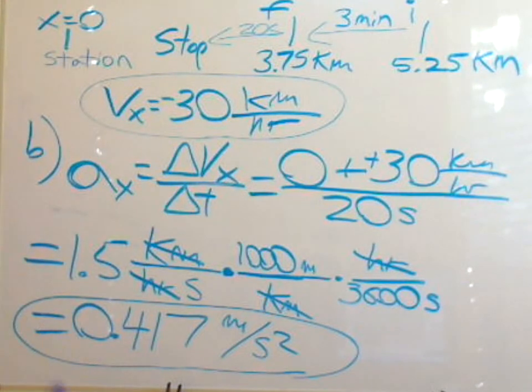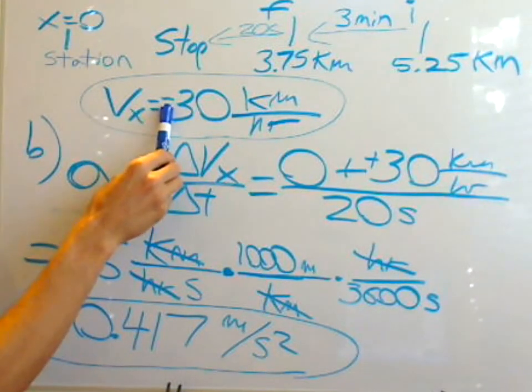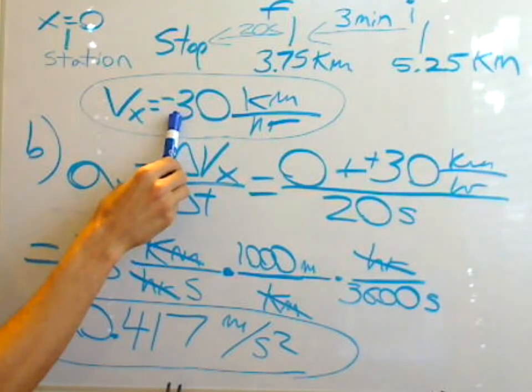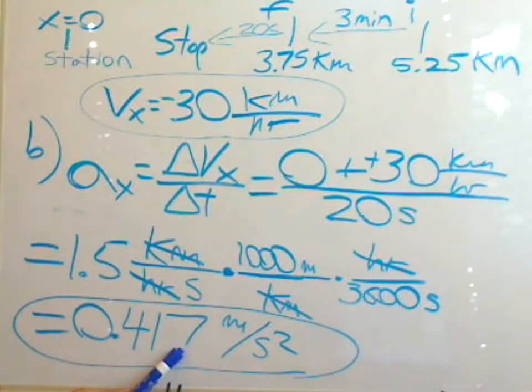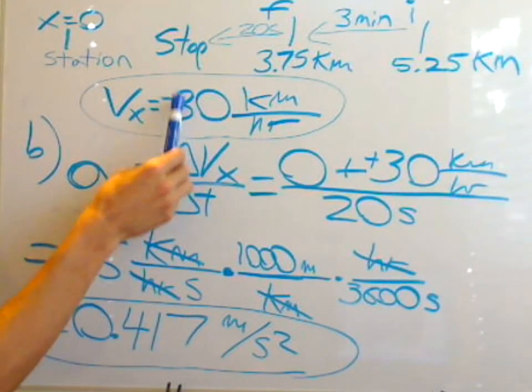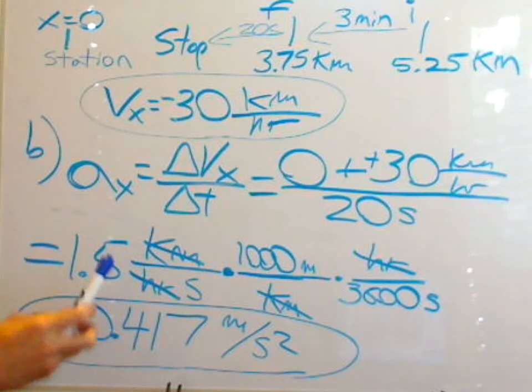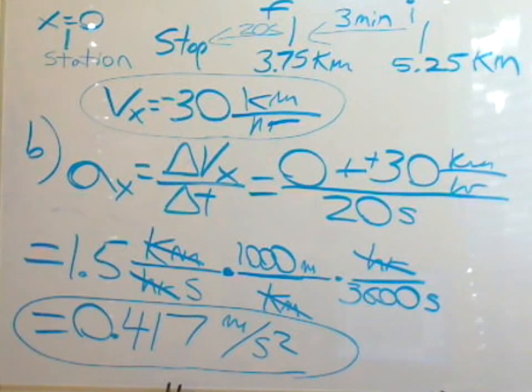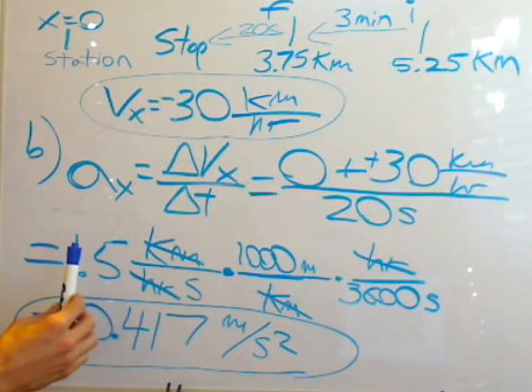Whenever we have a velocity that has an opposite sign of acceleration, that means whatever object we're talking about is slowing down. So we had a negative velocity. If we had a negative acceleration, that would mean the train would be speeding up. But a negative velocity and a positive acceleration means the train's actually slowing down.